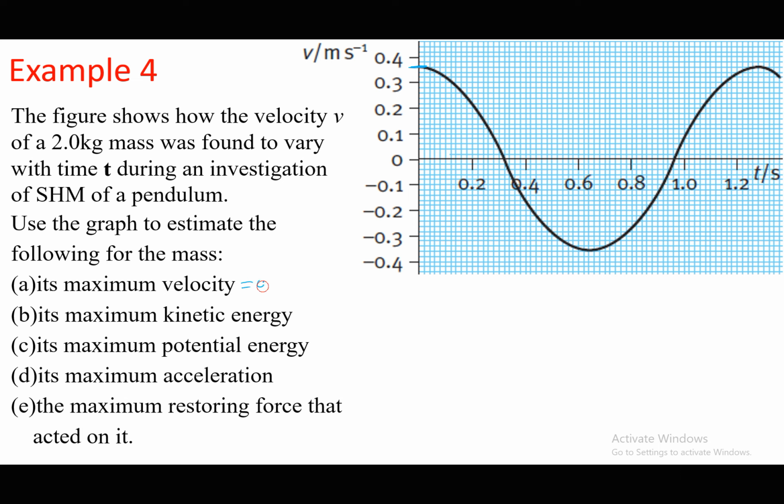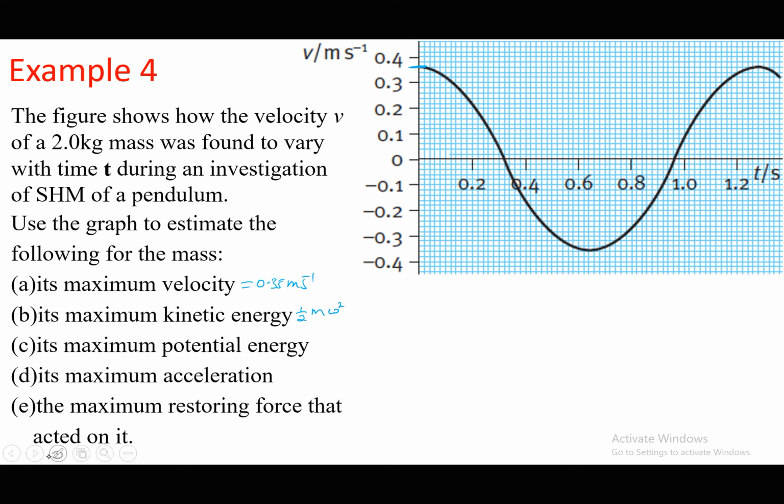So this is 0.35 meters per second. Maximum kinetic energy. If I have the maximum velocity, then maximum kinetic energy is the same as total energy. So it can be considered to be a half m omega squared.